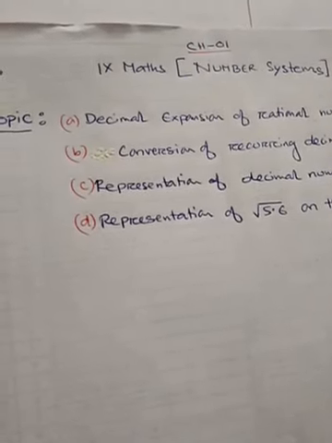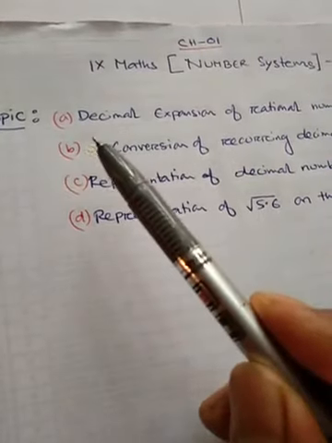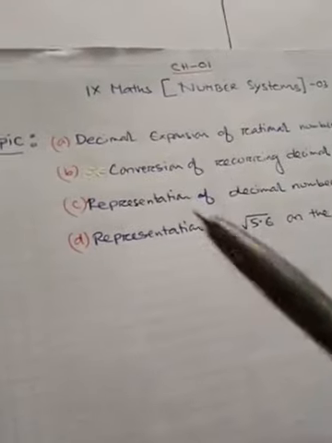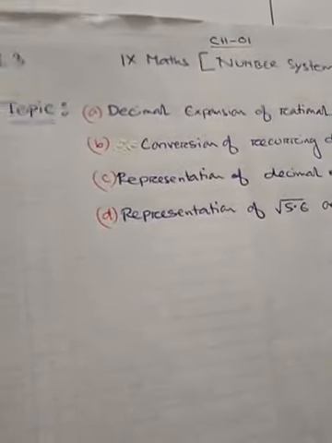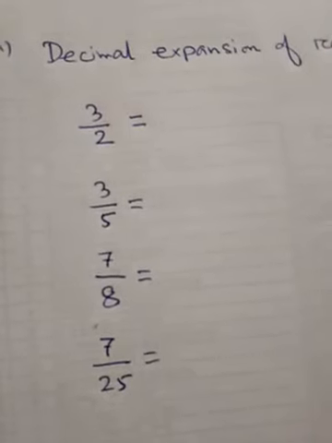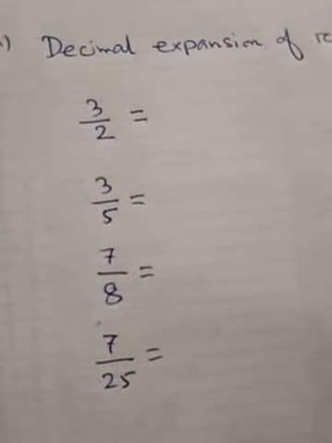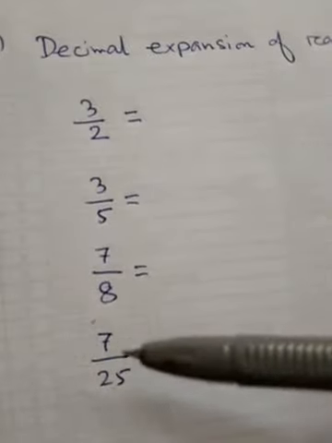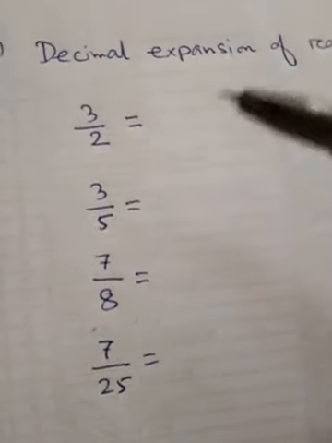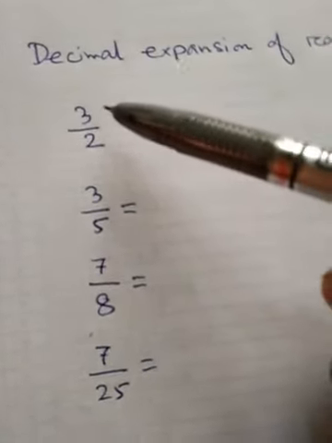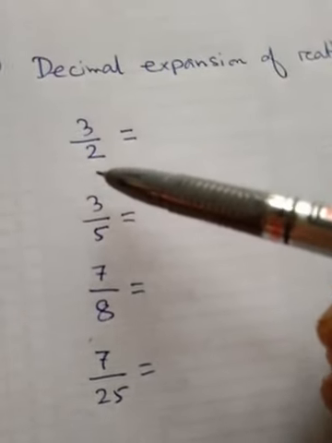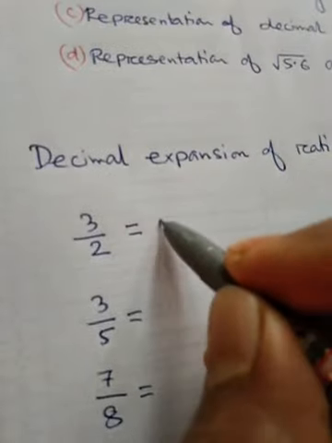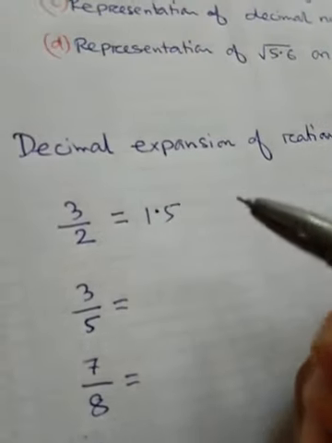To discuss the first topic, that is decimal expansion of rational numbers, let us take some examples. Let us take these rational numbers: 3 by 2, 3 by 5, 7 by 8 and 7 by 25. If we divide 3 by 2, we get 1.5.